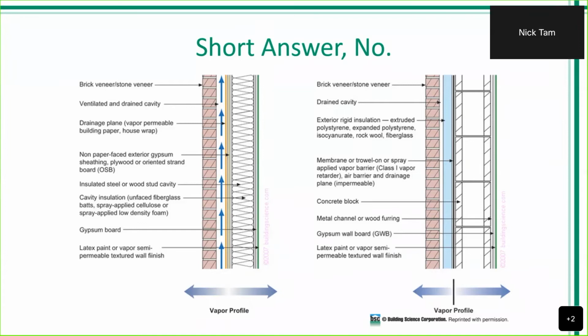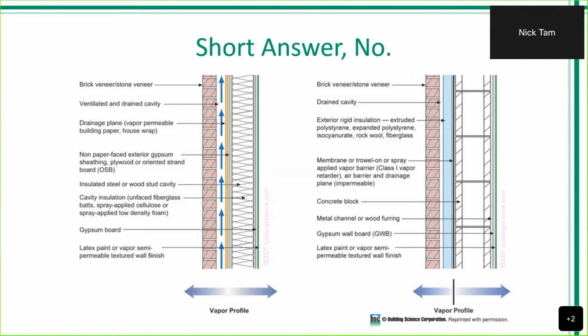Looking at the example on the right, which is an example of a flow-through assembly, we're using a vapor permeable building paper. And this is going to be qualified as your air barrier, but it wouldn't constitute as your vapor barrier as well. On the very right, we have an example of what is sometimes considered the perfect wall.